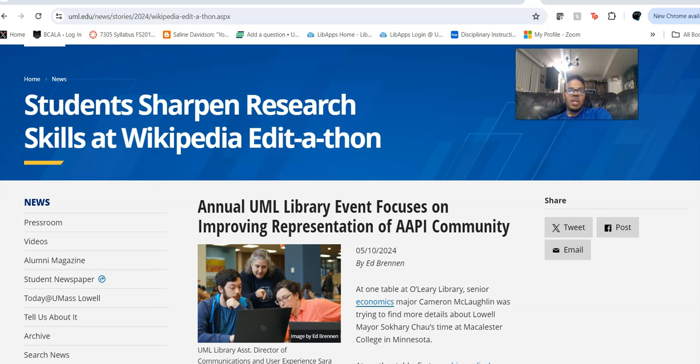If you enhance a page, somebody else who's in no way connected to the class might come across that information, and it might be beneficial to them. So by doing this assignment, you could potentially be helping out your fellow human beings. And that's something that I'm really, really into, because I'm all gushy and all that stuff. So that's what makes this my favorite assignment.